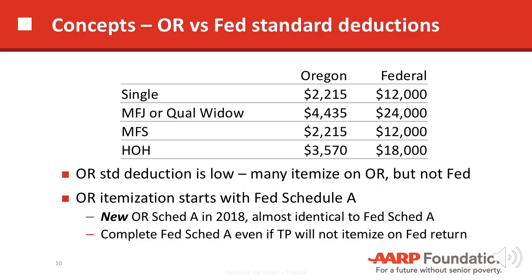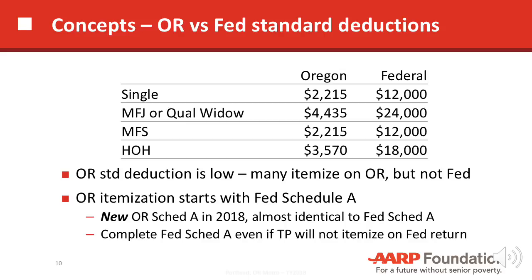Next, Oregon may use the information from the federal Schedule A to itemize deductions, but the instances when it's used can vary a lot. Take a look at this table. Oregon has a much lower standard deduction than what's on the federal return. And remember, if the itemized deductions exceed the standard deduction, the taxpayer will want to itemize.